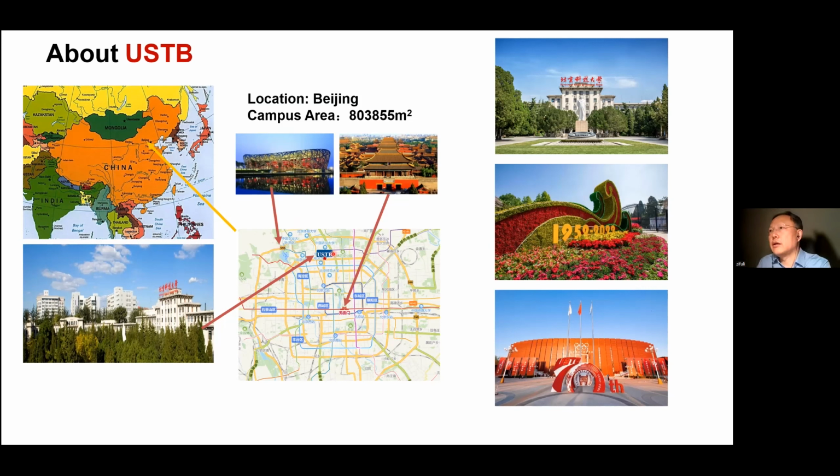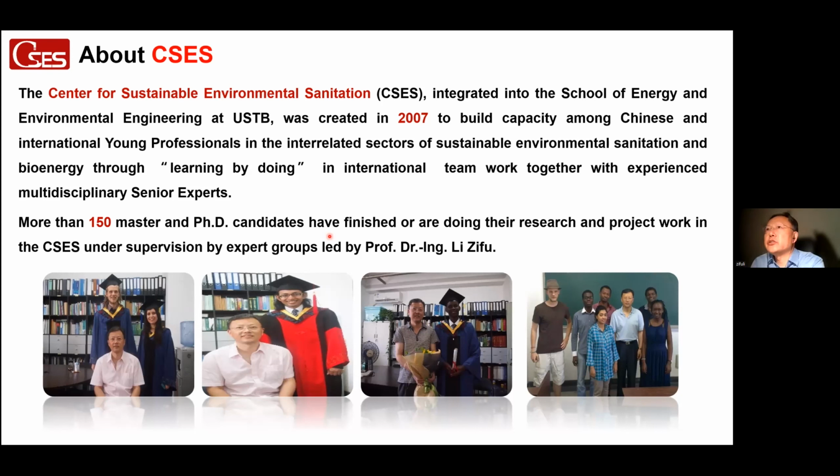And our center is the Center for Sustainable Environmental Sanitation, affiliated to the School of Energy and Environmental Engineering, and actually established in 2007, together with Hans-Peter Mang. Hans-Peter Mang also joined us today. The aim is to build capacity among Chinese and international young professionals in the interrelated sectors of sustainable environment, sanitation, bioenergy, through learning by doing in international teamwork together with the experts.